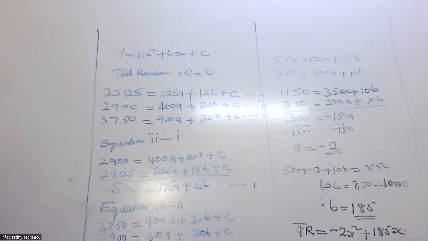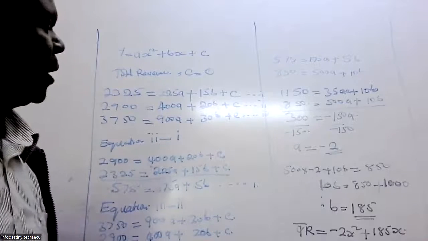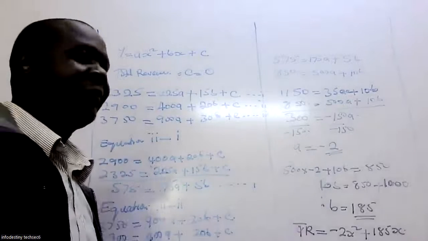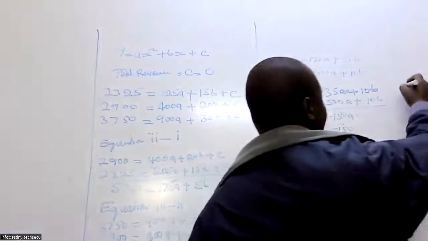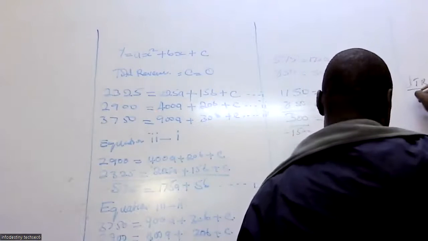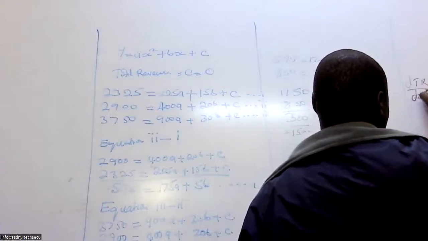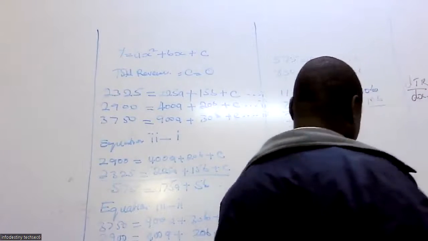So now the second, they want us to calculate for what? The maximum unit, we are going to derive this. Because now, by saying dTR over dx, we are together? dTR over dx will give us what?